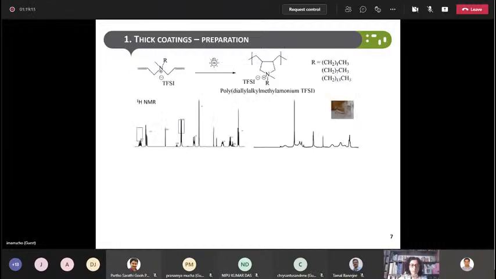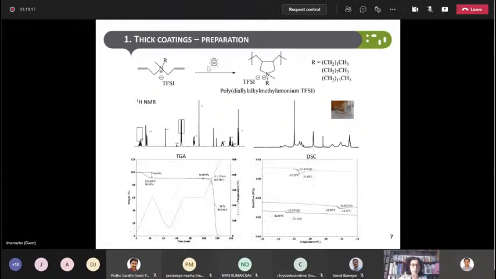Okay. So for the thick coating preparation, what we did is this reaction, as Tamal was saying, by ring closing. It's a ring closing reaction. We did this with UV light. And so we were able to prepare a series of pyrrolidinium TFSI polymers.